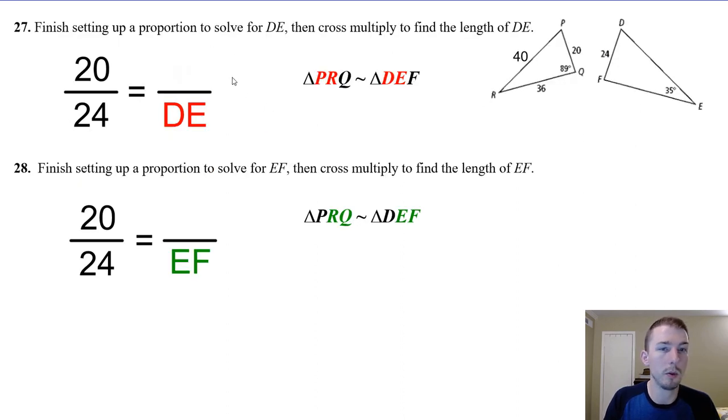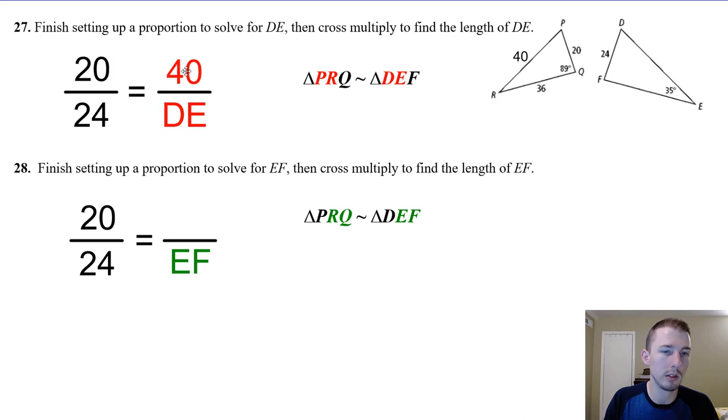All right, last ones. Finish setting up a proportion to solve for DE, then cross multiply to find the length of DE. So on this one, we know that 20 goes to 24, just as DE, so DE was the first two, goes with PR. So 20 goes to 24, just as what goes to DE? Just as PR, which is 40. Okay, just as 40 goes to DE. Then you can cross multiply.